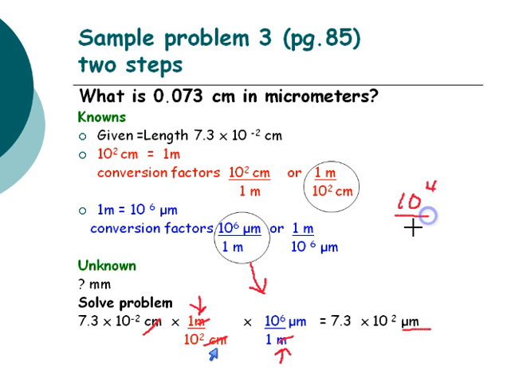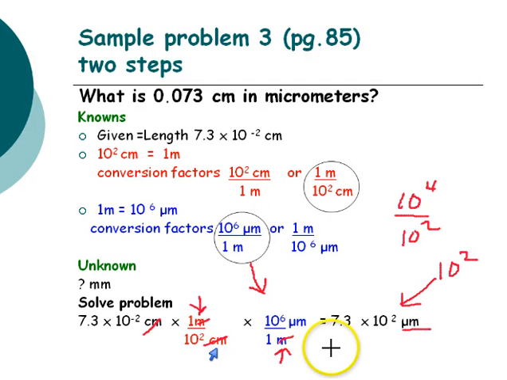And you have 10 to the 2nd on the bottom. Now you subtract, 4 minus 2 is 10 to the 2nd. That's how I got that there. And 7.3, you're just multiplying times 1. If you have a scientific calculator, you can use that, and then you don't have to figure this out. But if people do not have scientific calculators or don't know how to use them, you can just figure it out by hand.